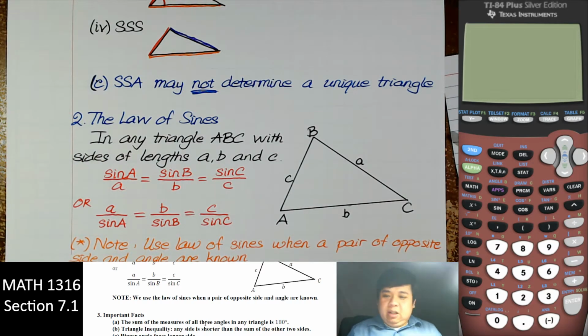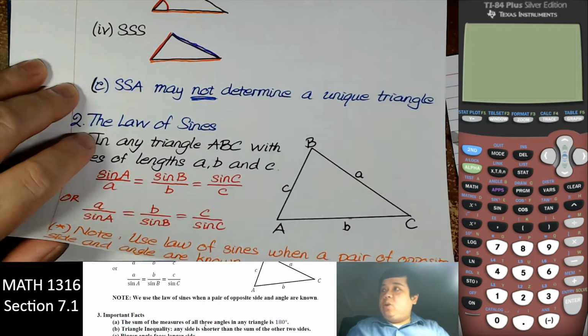So simple enough. The sine of an angle over the opposite side, that ratio is the constant.